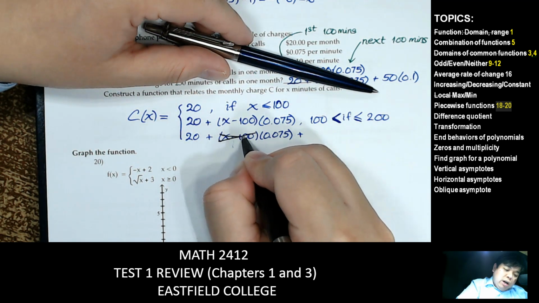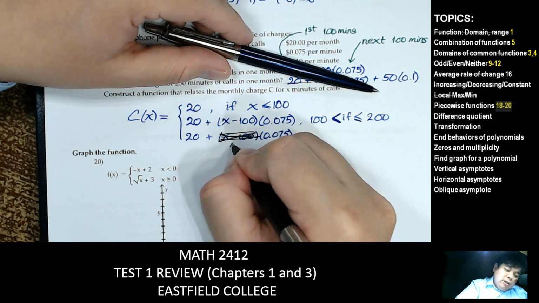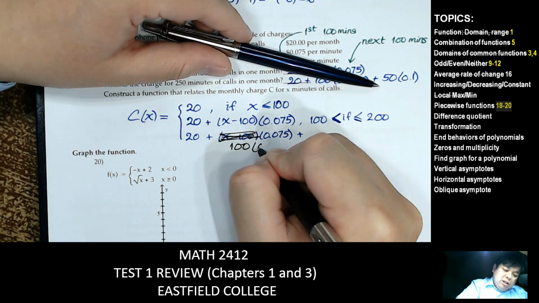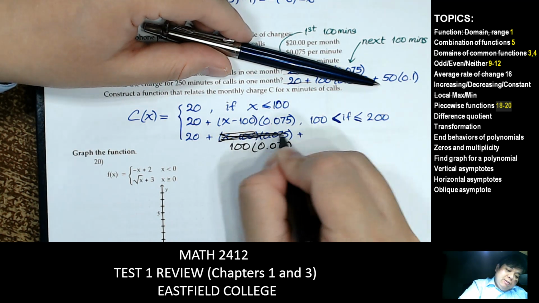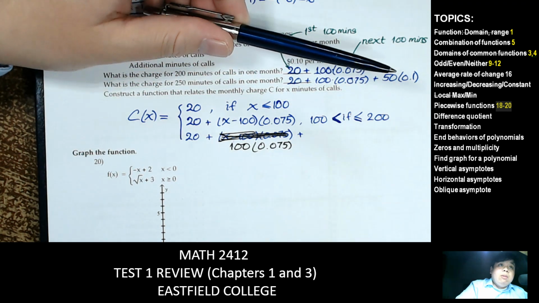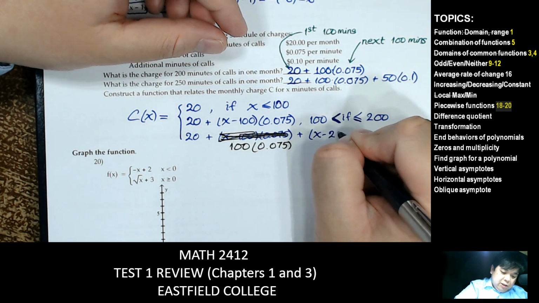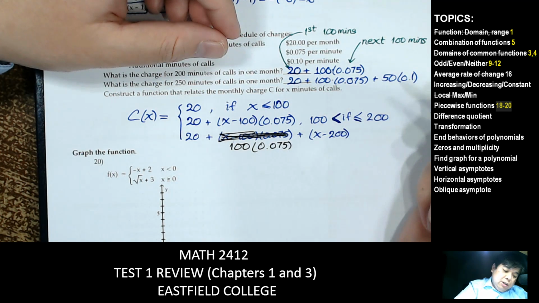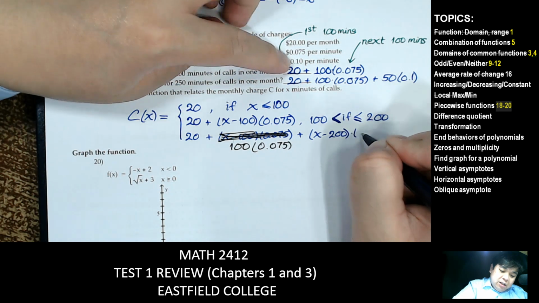And if we have more than 200, then definitely we have to pay 100 minutes at this rate, and then whatever is over 200, we have to pay at the 10 cent rate.